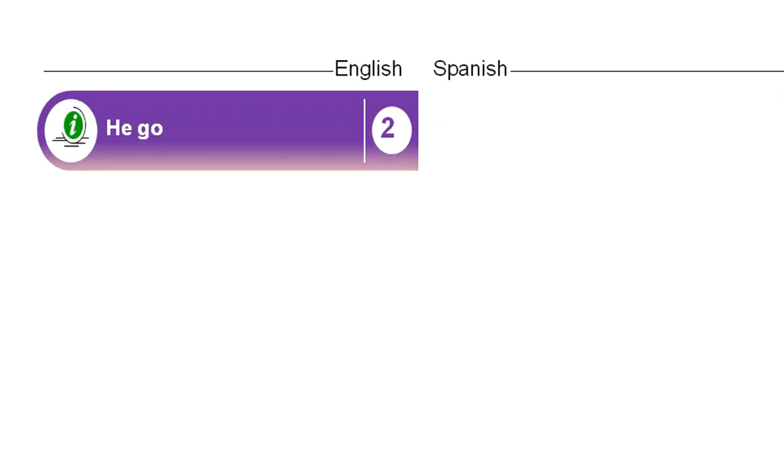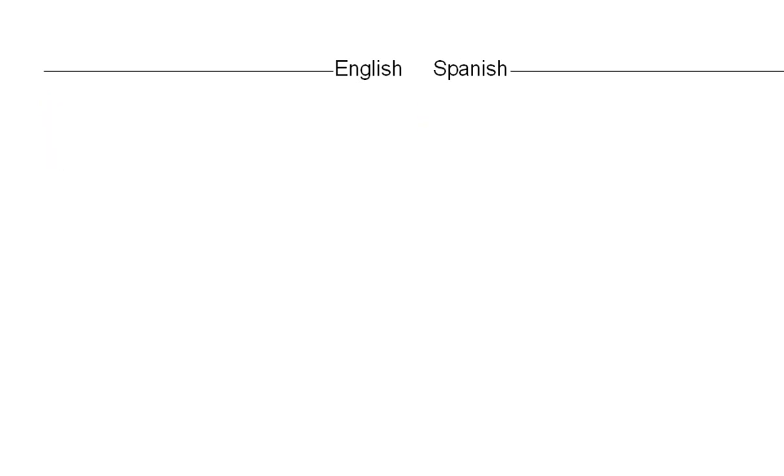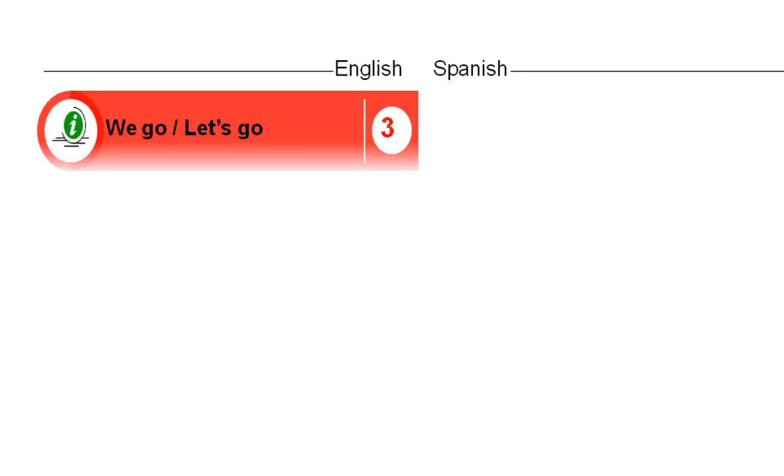He goes. Él va. Because we are talking about the person, it could be he, she or you. That's why we have used the ending: él va, to indicate he goes. Él va. We go or let's go.